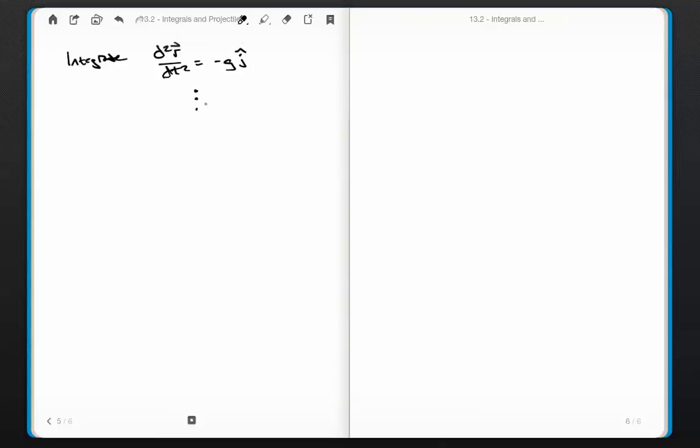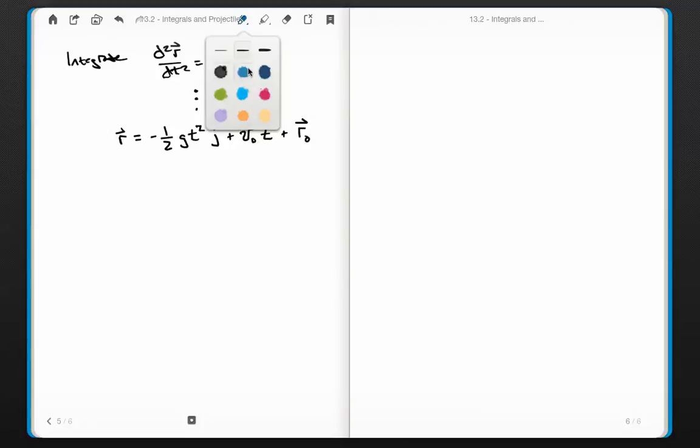And your favorite symbol and mine means that this becomes, and I think this is a good exercise to do on your own, the position vector will wind up being 1/2 g t squared j plus v initial t plus our initial position, right? But remember that for this particular problem, we're going to wipe this out and say that that is the vector 0. Okay, so we don't have to keep track of that.